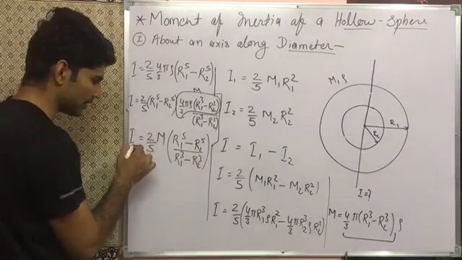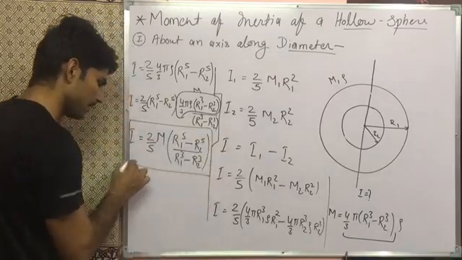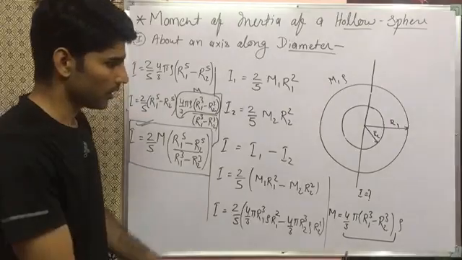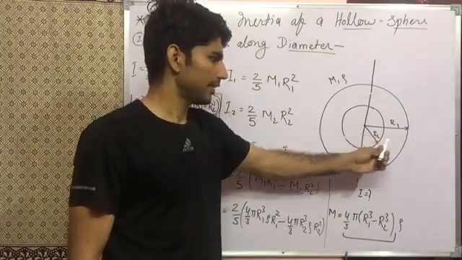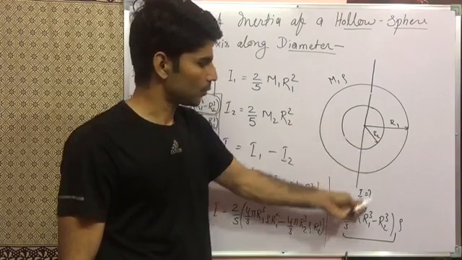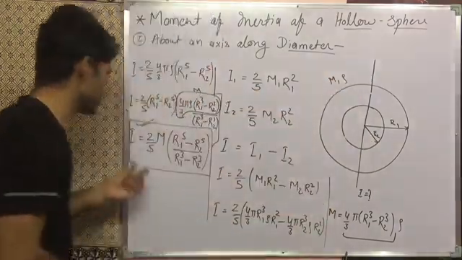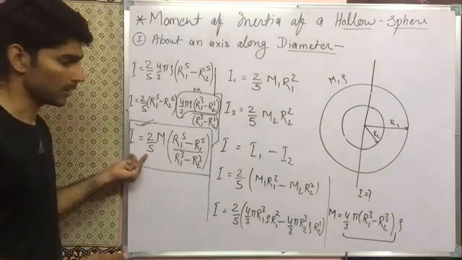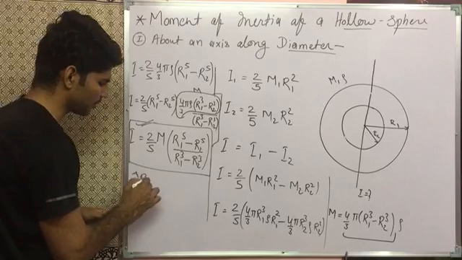So this is the moment of inertia for a hollow sphere of outer radius capital R1 and inner radius capital R2 about an axis along the diameter.